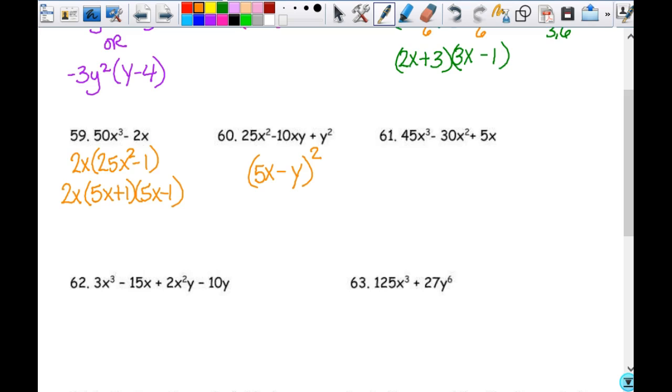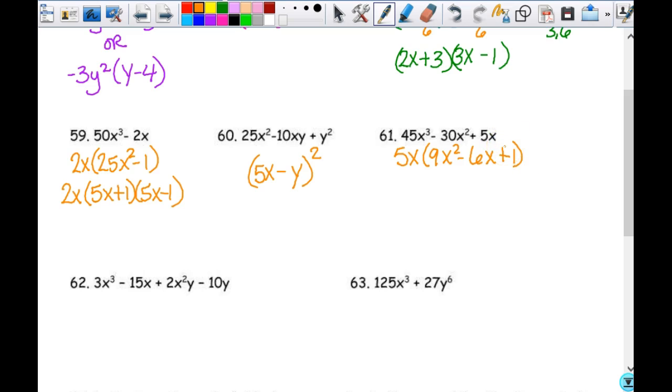Okay, 61. I'm going to factor out the GCF, which is 5x. So I get 5x times 9x squared minus 6x plus 1. Same kind of pattern happens here. The square root of 9x squared is 3x, and the square root of 1 is 1.